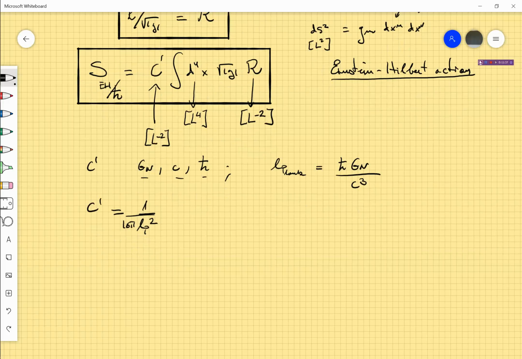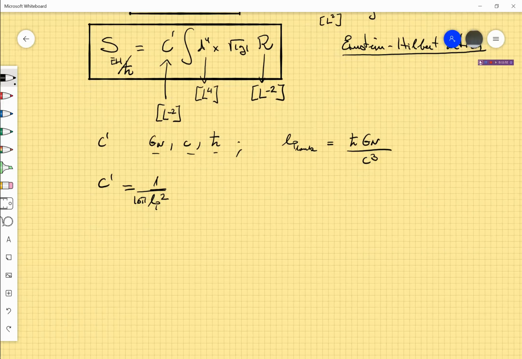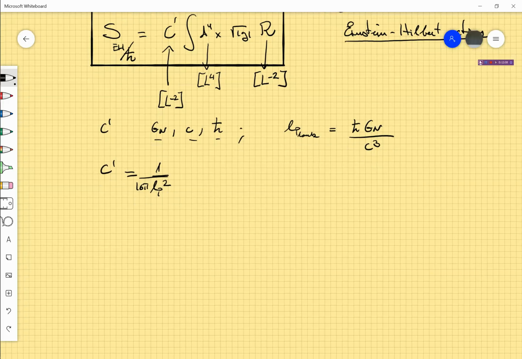So if I write everything together, the important fact is that when you divide this by h bar or you use natural units, the C prime is just the Planck length to the minus 2. And if you work in higher dimensions, R is always L to the minus 2, the d^dx should have dimensions of L to the d, and the constant would be 1 over the Planck length to the power d minus 2.